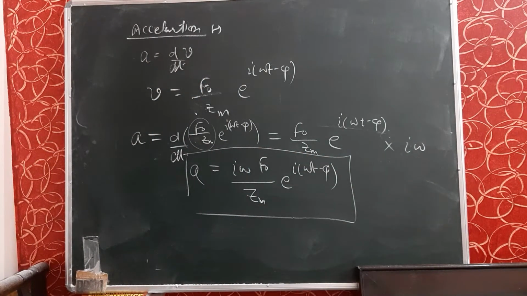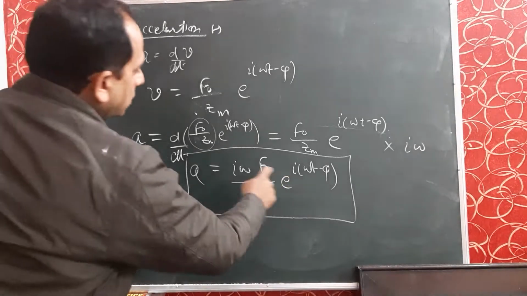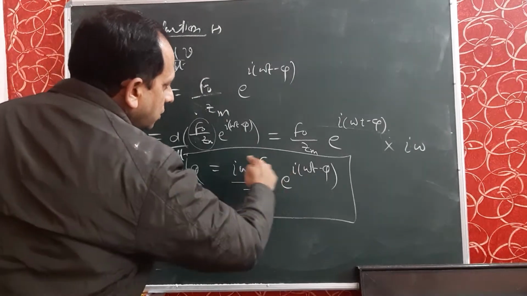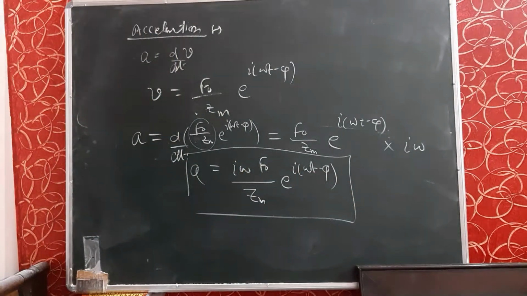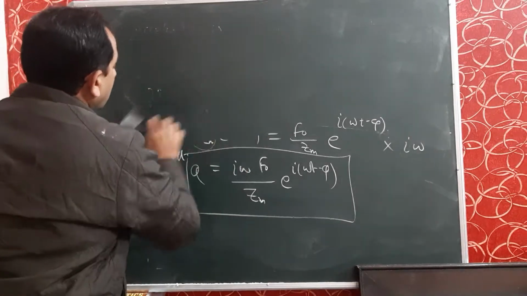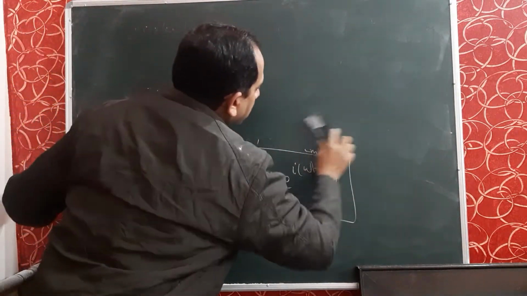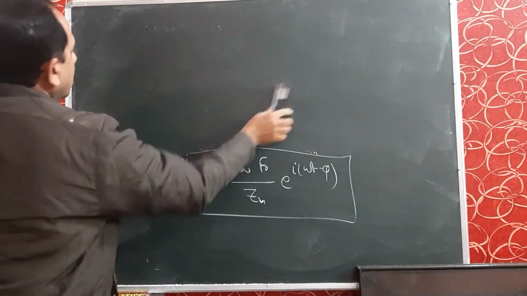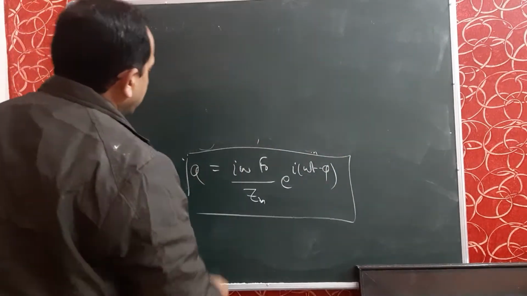Now we will separate the real and imaginary parts, because iota is involved on the right hand side. So this is a complex term, and we will separate this complex number into two parts, the real part and the imaginary part.